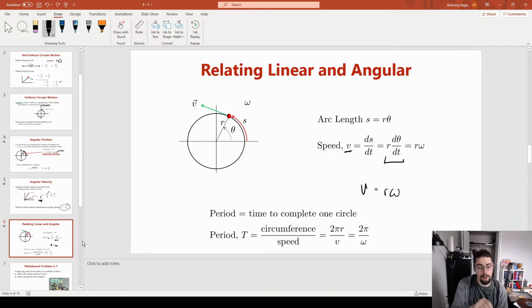So meters divided by meters per second feeds out some sort of time in seconds. Or I could just say, once I move the full 2 pi, I've got my full rotation. So that's 2 pi radians divided by omega in radians per second, which gives you the exact same seconds at the end of the day.